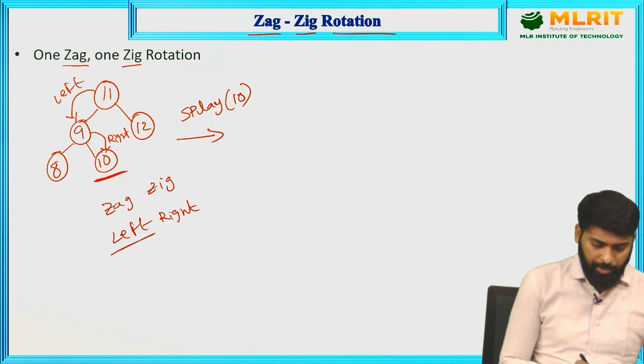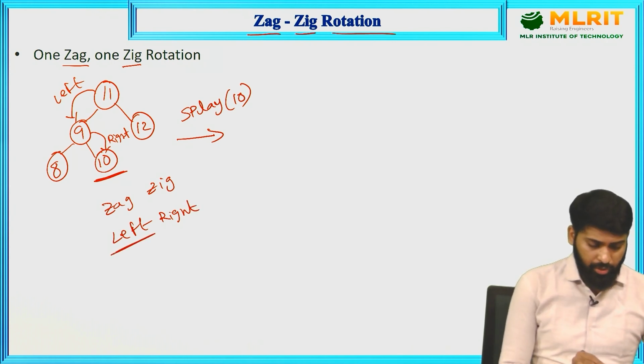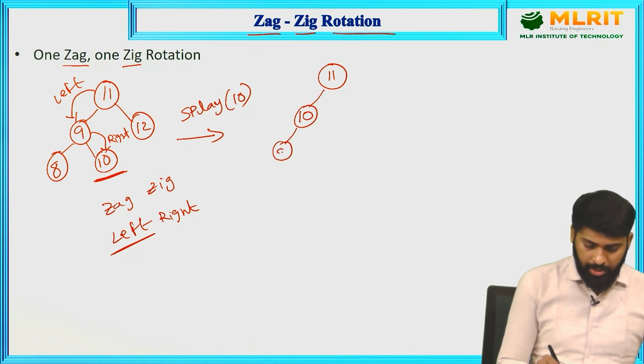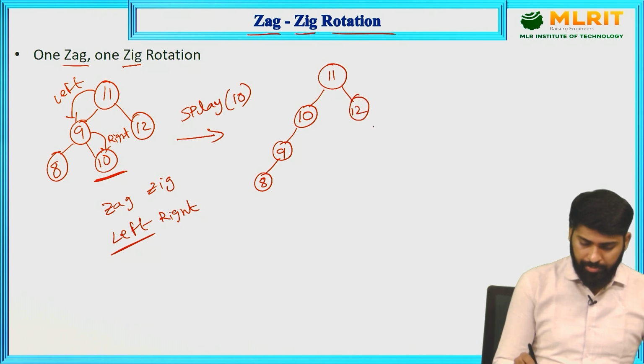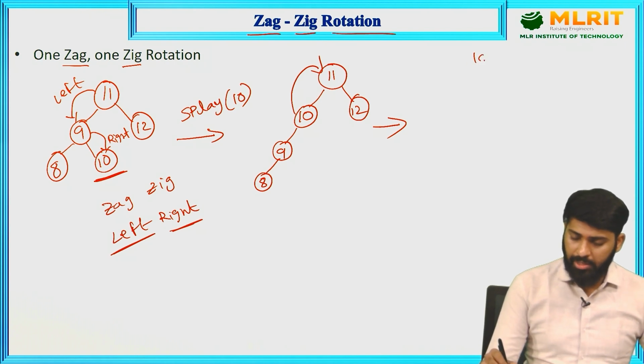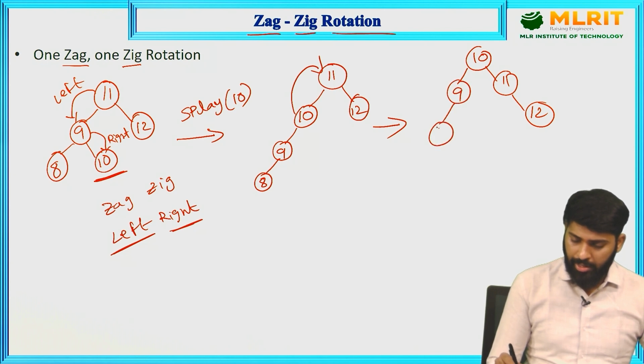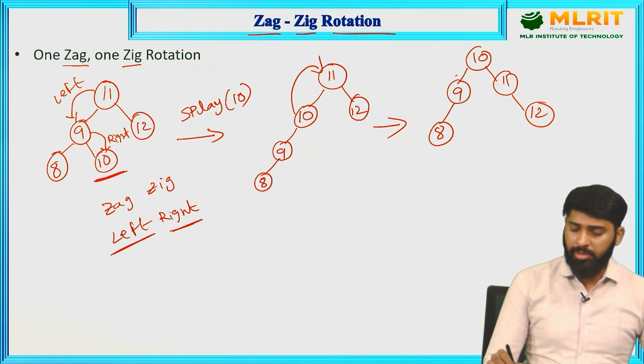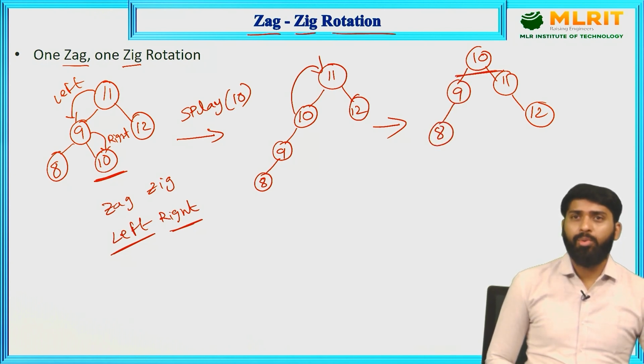First apply the left rotation, so it becomes 11, 10, 9, 8, 12. Now apply the right rotation, rotating to the right side. Now it becomes 10, 11, 12, 9, 8. Now 10 is the root of the tree.